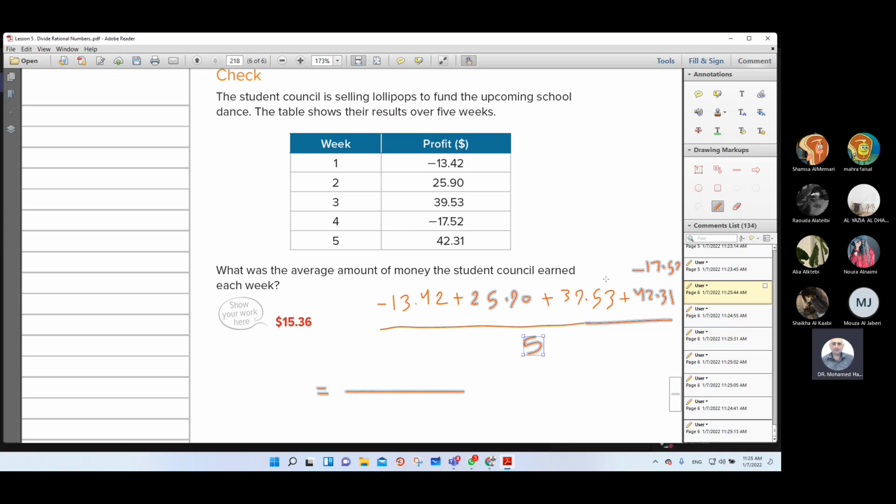And you can add the positive numbers, then subtract the negative numbers.